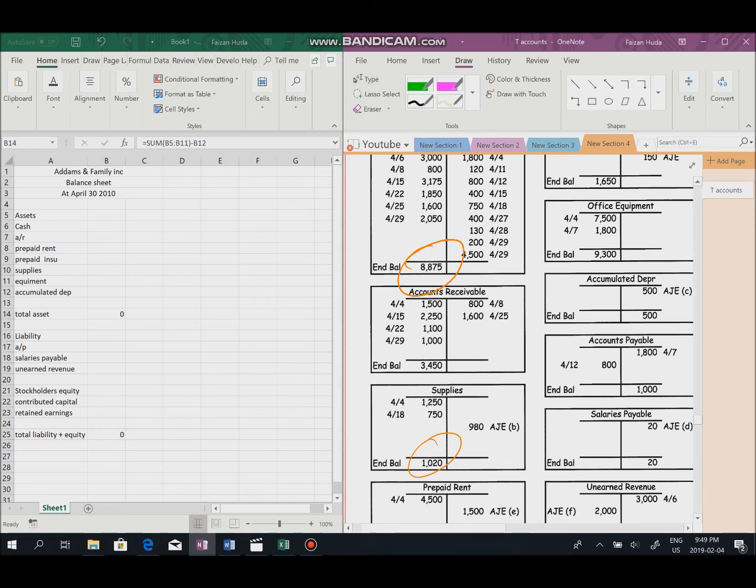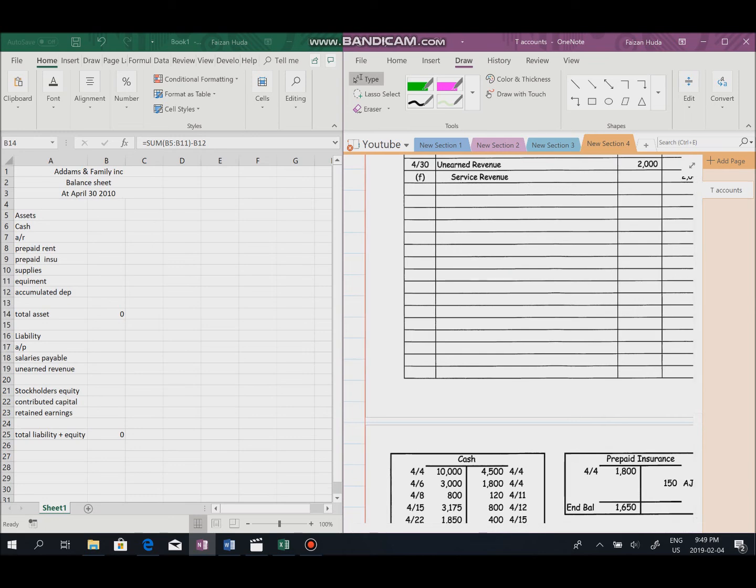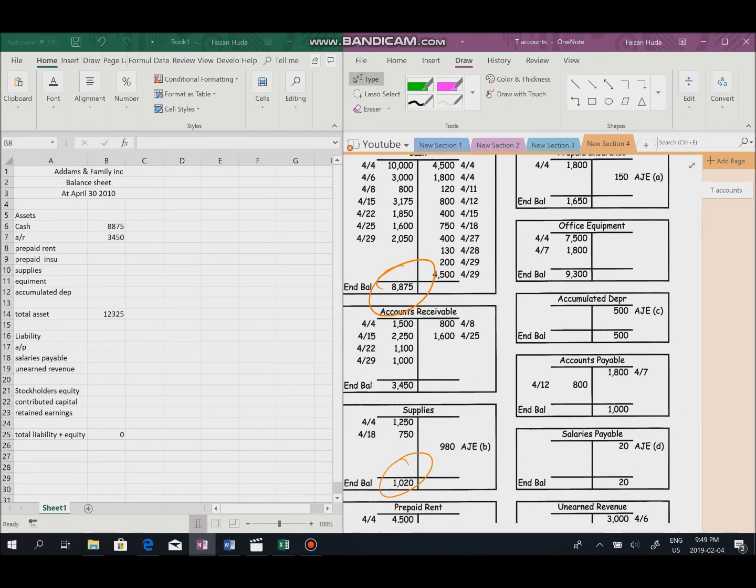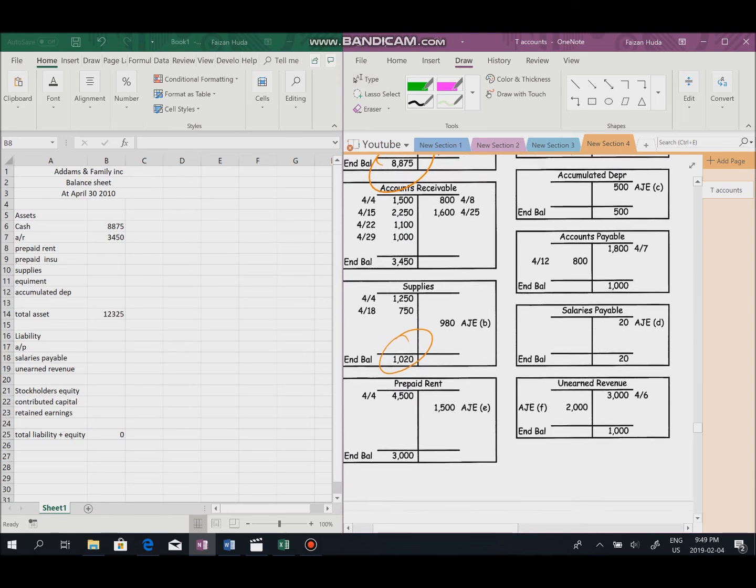So assets, we had cash. Give me a second, guys. So cash was 875. Next is accounts receivable, 3,450. All of these amounts you just get from your T accounts after you did your journal entries and post.